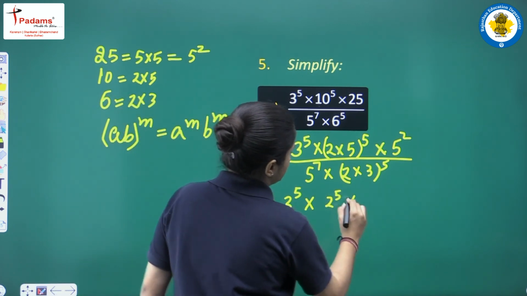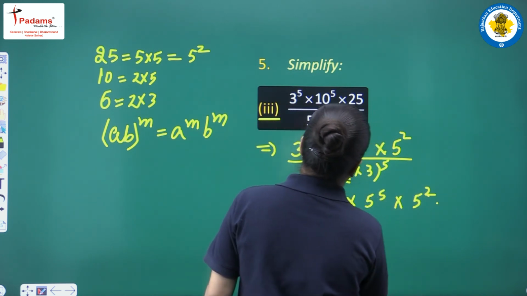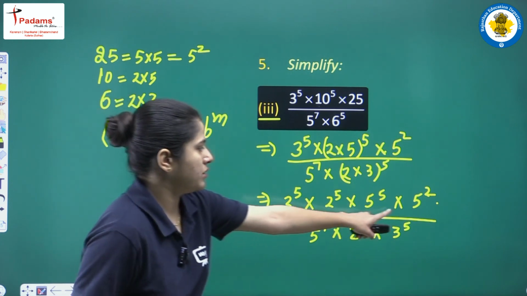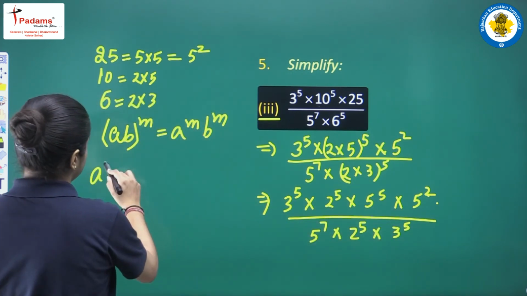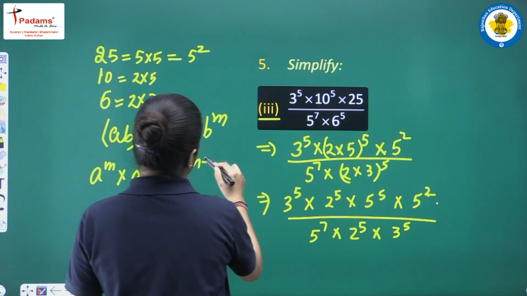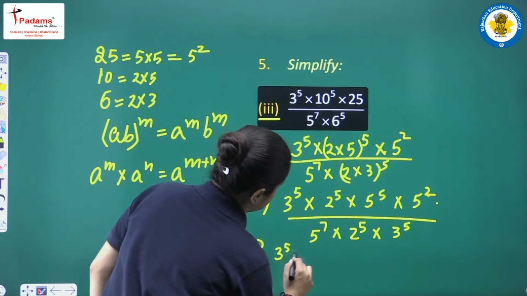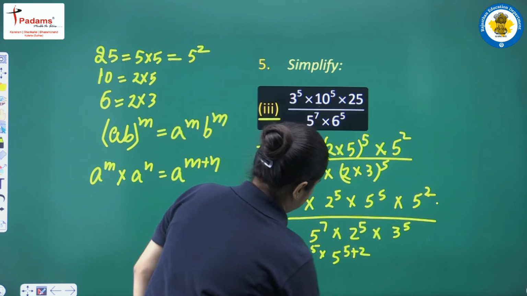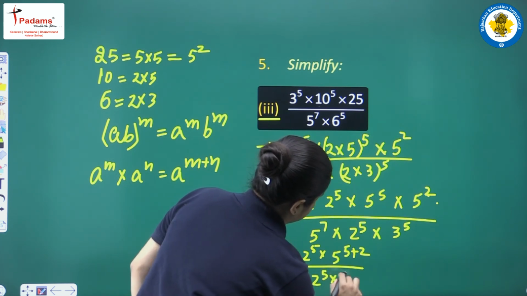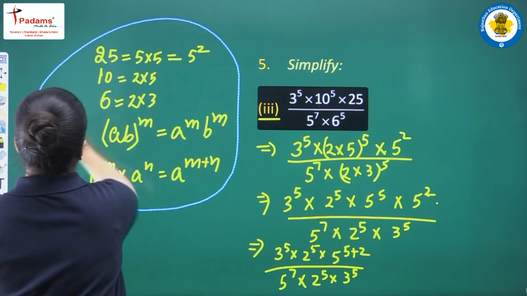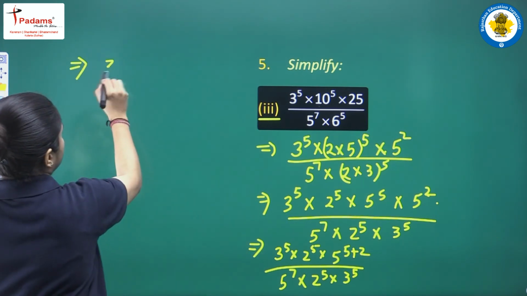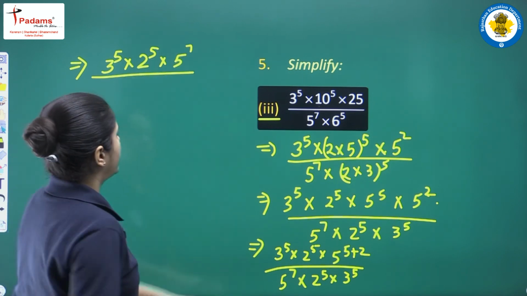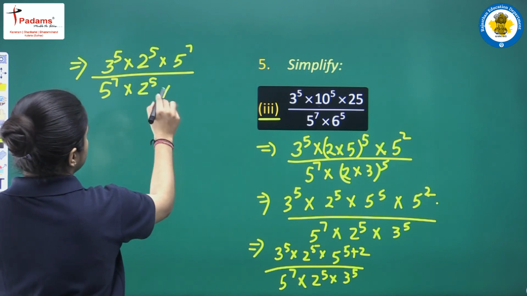सो दिस इज 2 power 5 into 5 power 5 into 5 power 2 upon 5 power 7 into 2 power 5 into 3 power 5. ऑल राइट स्टूडेंट्स, अब यहां देखो, अगर हमारे पास बेस सेम है तो पावर ऐड हो जाती हैं अगर मल्टीप्लिकेशन हो. राइट? अब देखिए, 5 raised to power, यहां पे देखो 5 + 2, बाकी सब चीजें एज इट इज. ऑलराइट स्टूडेंट्स, अब देखिए, दिस इज 3 raised to power 5 into 2 raised to power 5 into 5 raised to power 7 upon 5 raised to power 7 into 2 raised to power 5 into 3 raised to power 5.